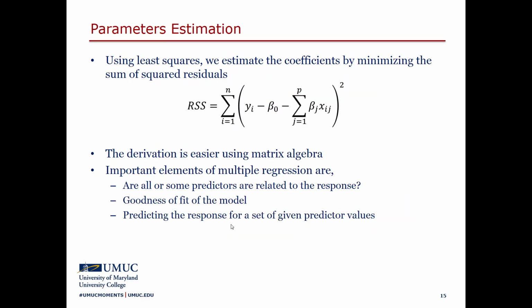So again, least square is what is commonly used even for multiple linear regression. You estimate the coefficients by minimizing the sum of the squares of the residuals, the difference between the y values and the estimated hyperplane.